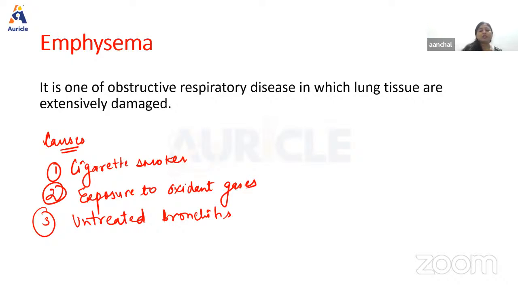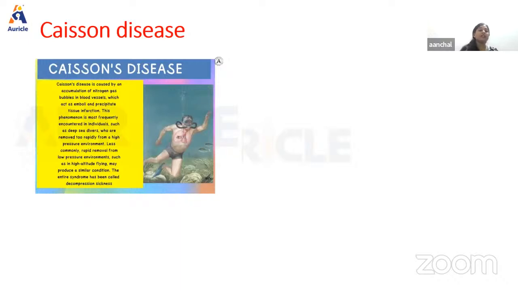Enough oxygen cannot diffuse into the blood and carbon dioxide cannot diffuse out. There is also an effect on the ventilation perfusion ratio, resulting in poor aeration of blood.